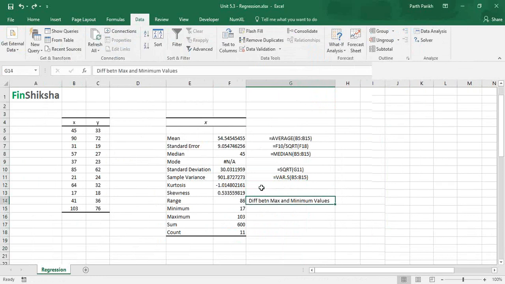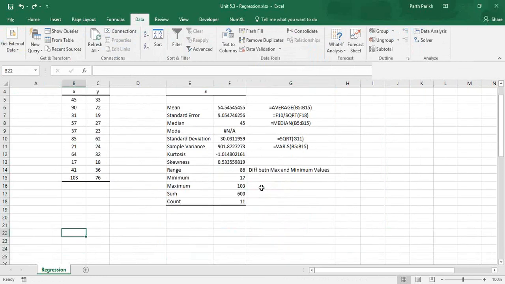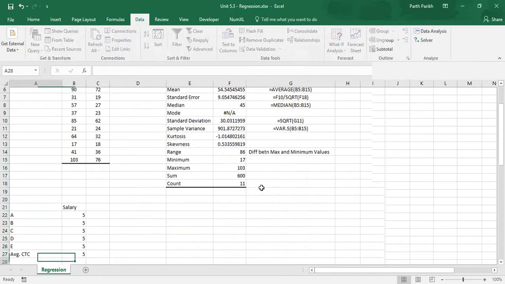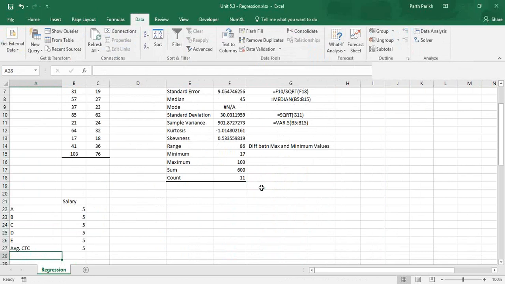So let's assume I have 5 data points: 5, 5, 5, 5, 5. It's basically the salary of 5 people: A, B, C, D, E. When I try to find out the average CTC, I will get the average value of all 5 figures, which is 5, precisely because all of them are getting 5.